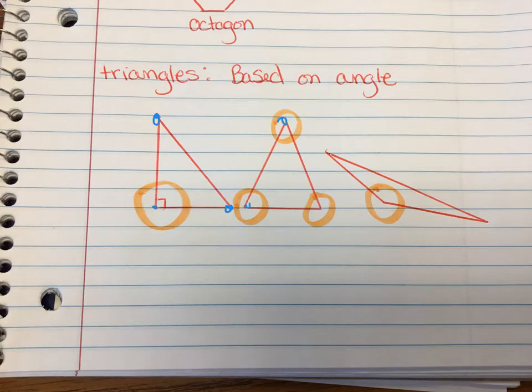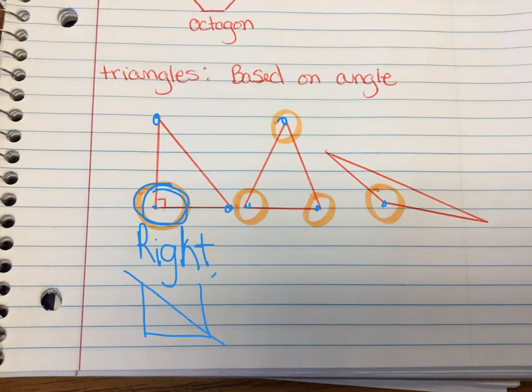This one has a right angle right here, and if we were to name this based on its angles, we would say this triangle is a right triangle because it has 1 right angle. A triangle can only have 1 right angle because if it had 2 right angles, it would look like that. And we know that is not a polygon because it is open.